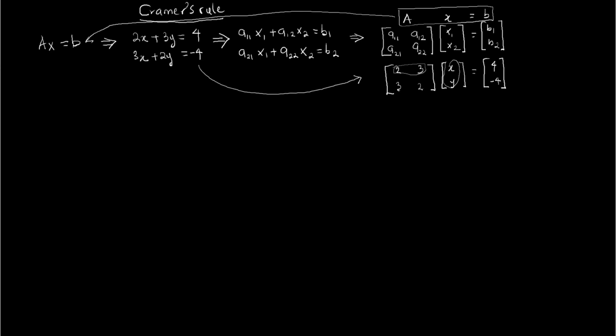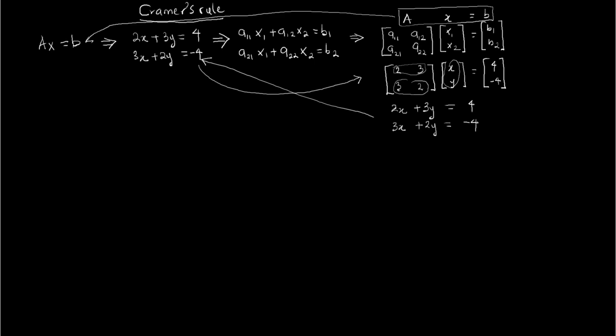If you do that, you're going to get 2x plus 3 times y, which gives 3y, is equal to 4. If you do the same thing with the other row and the column, you're going to get 3x plus 2y is equal to minus 4. So you can see we're getting back the original equations which we started with.